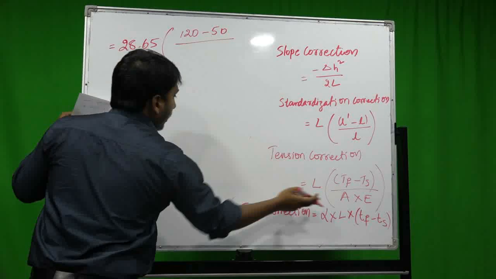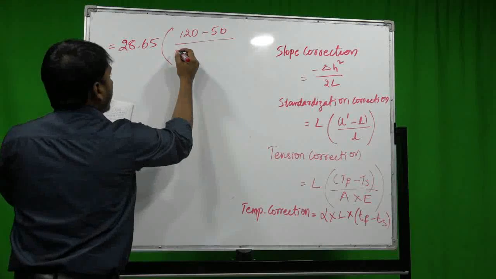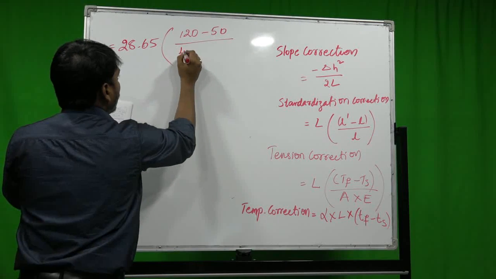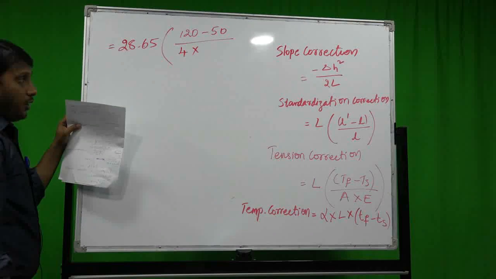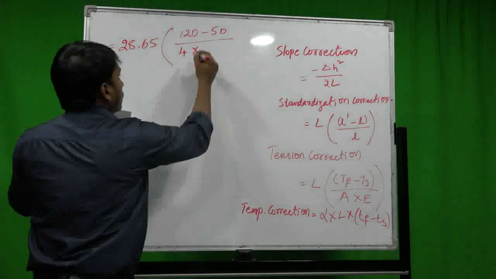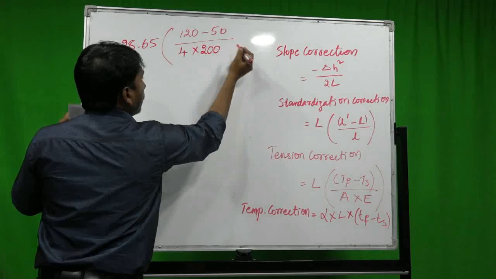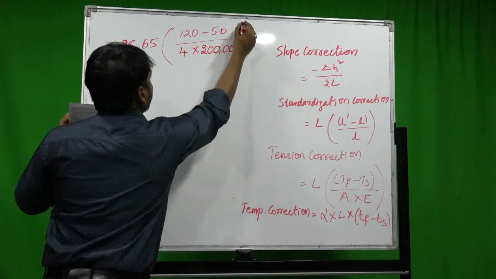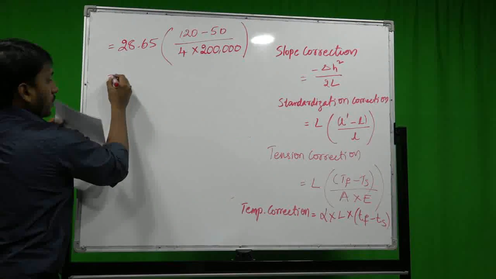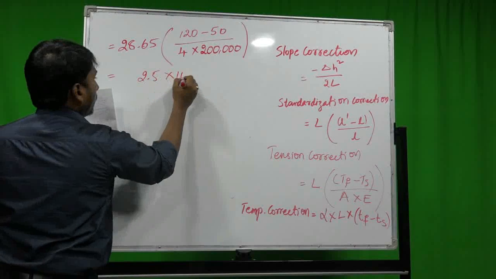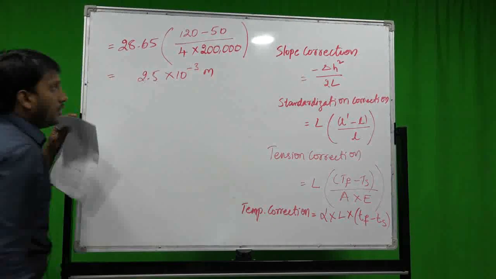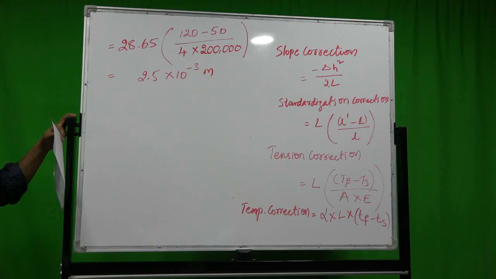Here A is the area. The area of the tape is given as 4 mm² and Young's modulus is given as 200 kilonewton per mm². So here I convert 200 kilonewtons into Newton. Now if you solve this, you get 2.5 × 10⁻³ meter. So this is the tension correction.